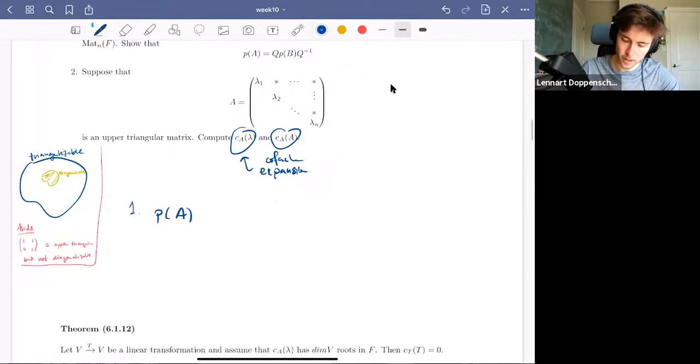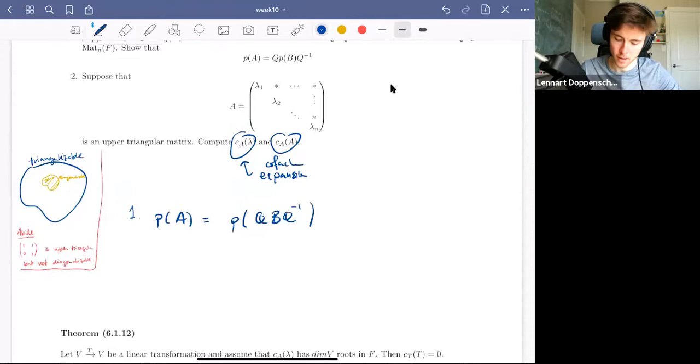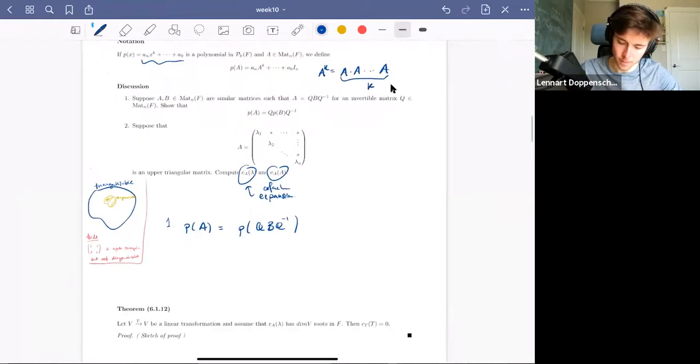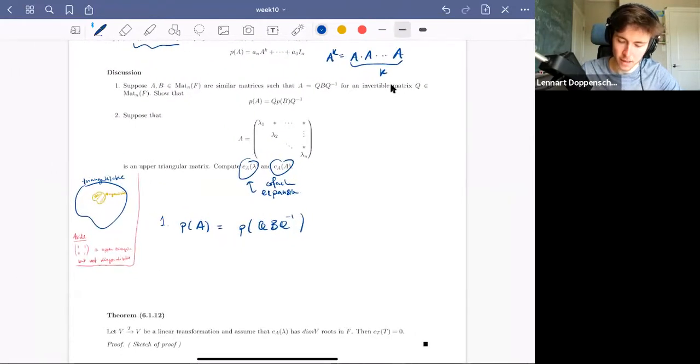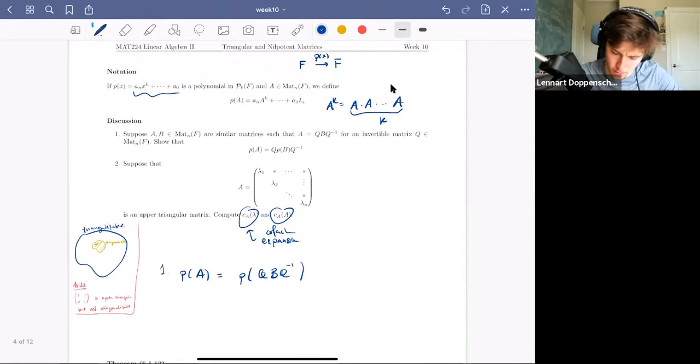So we can just plug in that this is P of Q B Q inverse, because Q B Q inverse is now a matrix. I'm talking about the first discussion point.